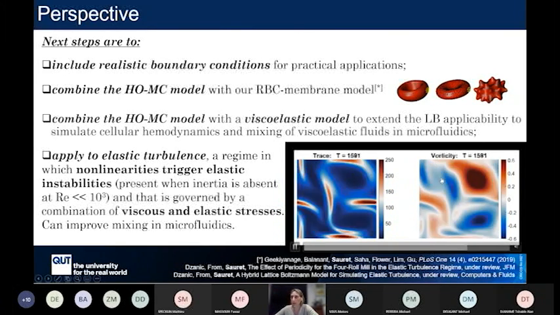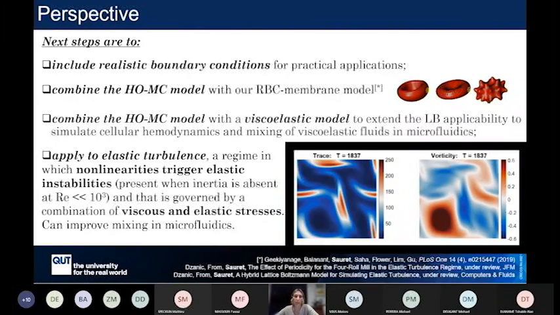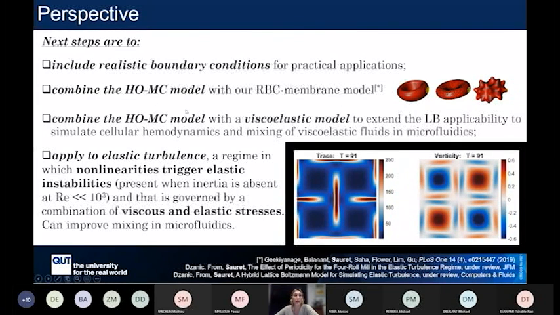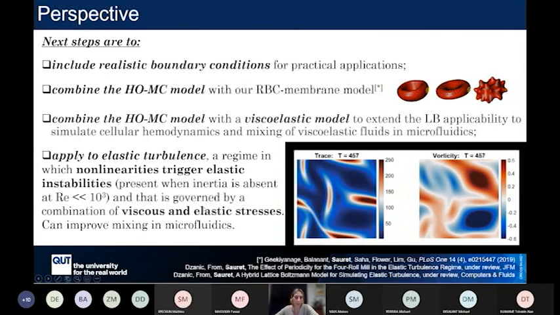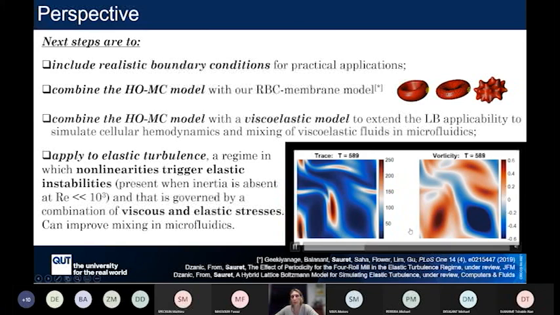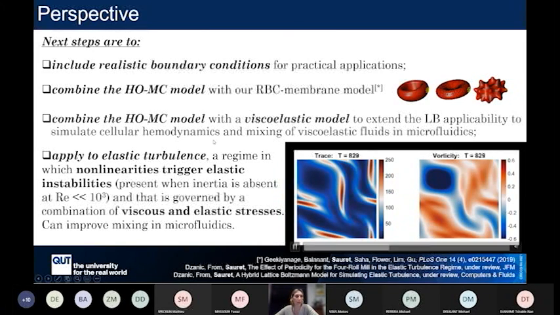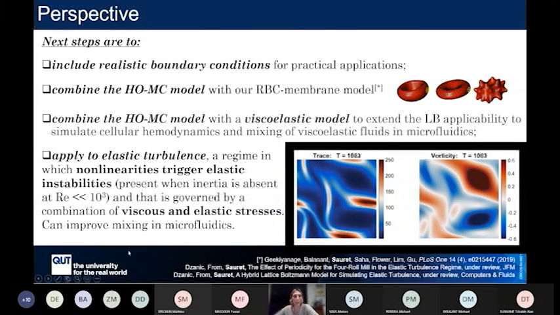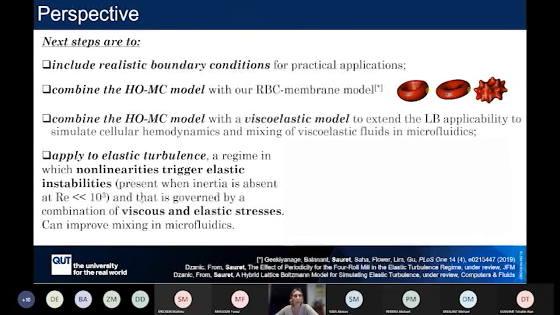This very chaotic regime ends up being in the elastic turbulence regime, and using those high-order multi-component models coupled with the viscoelastic model allows us to investigate those kinds of applications, and hopefully that could give us some indication or better understanding of the mechanism to improve mixing at the microscale.